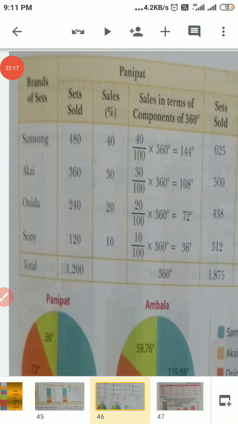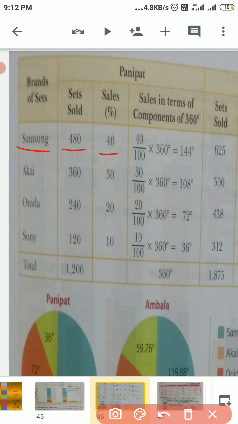You can see in this example that Samsung has 480 sets sold, then its percentage is equal to 40. You can see here we have calculated the sales in percentage by applying the formula of percentage.